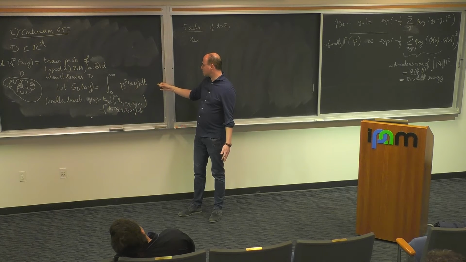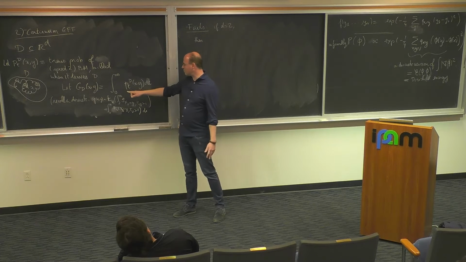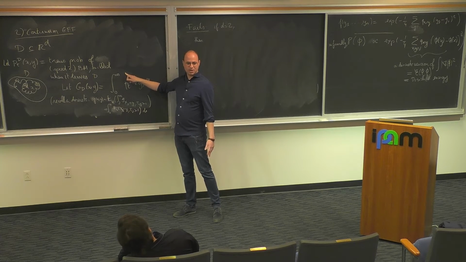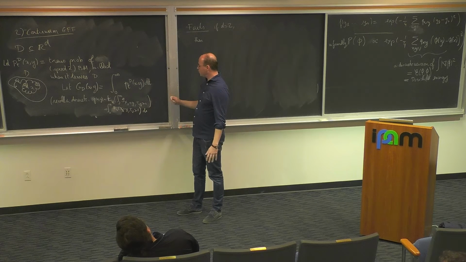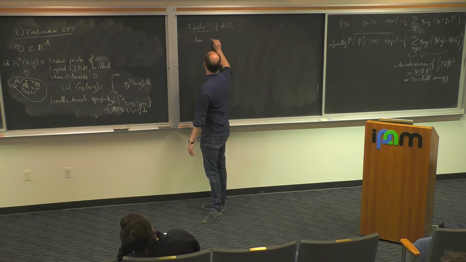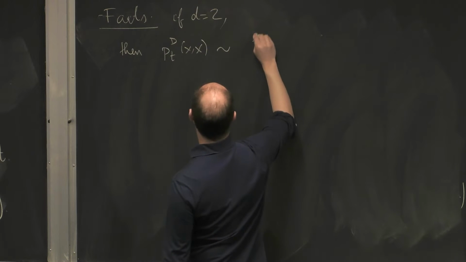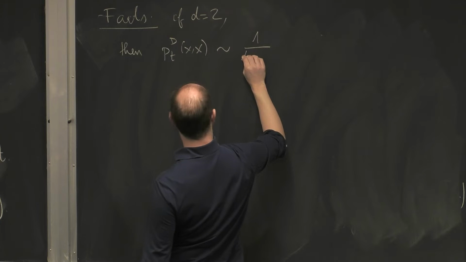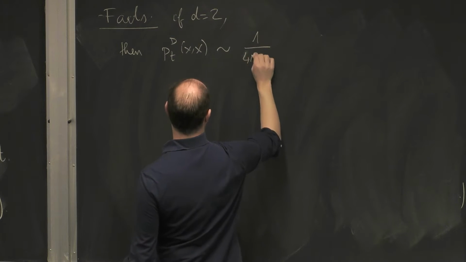There are kind of two problems for this integral to converge: a problem at t equals 0 and a problem at t equals infinity. Both of those things are not completely clear. So for instance, if x is equal to y, p_t(x,x) in any domain looks like 1 over, with my convention, I guess 4 pi t.